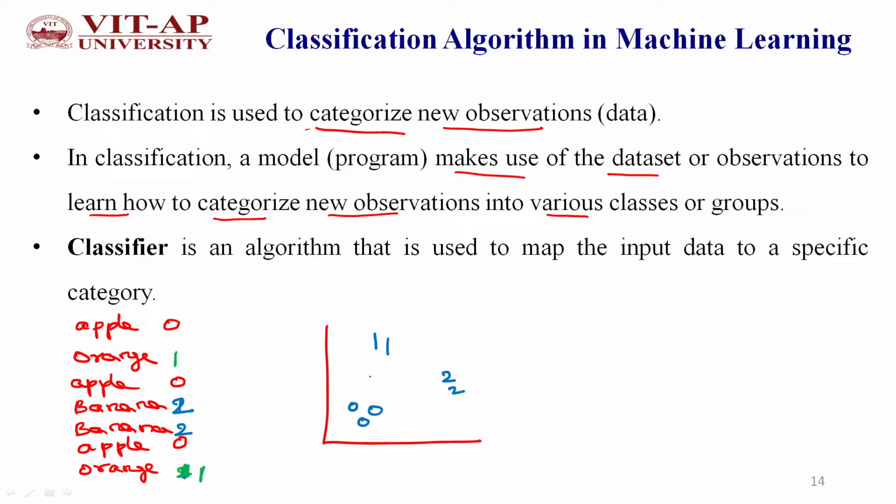So now the data is classified into different classes. You can see here the classifier differentiates into 3 classes.